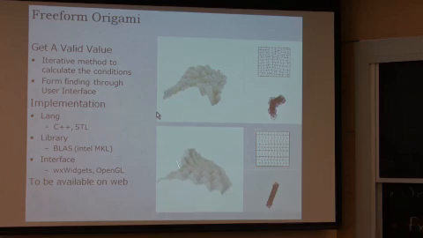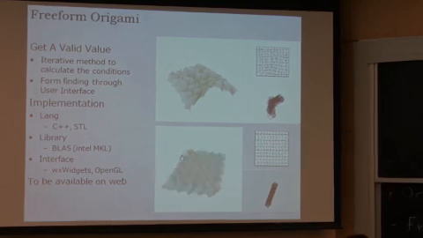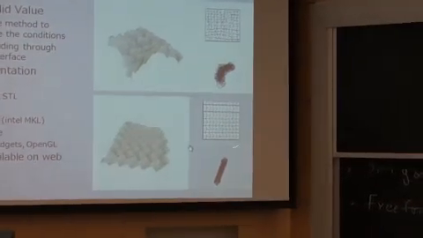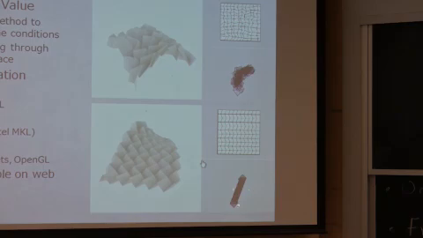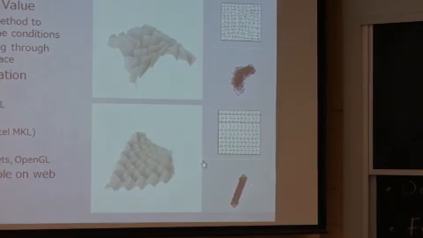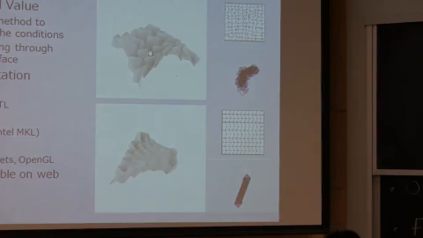This is for comparison, a kind of simulation. In this case, the model cannot change the crease pattern, which makes for a less flexible motion for origami.